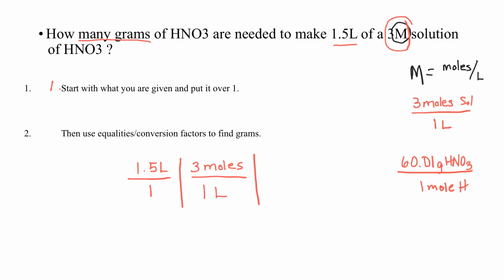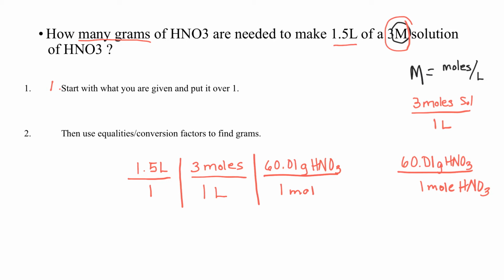And so I'm going to use that as my conversion factor to get to grams. So 60.01 grams of HNO3 over 1 mole. And now all we have to do is multiply through.